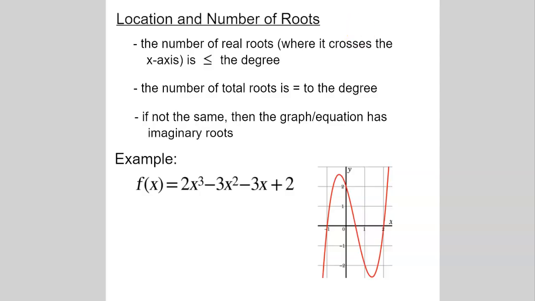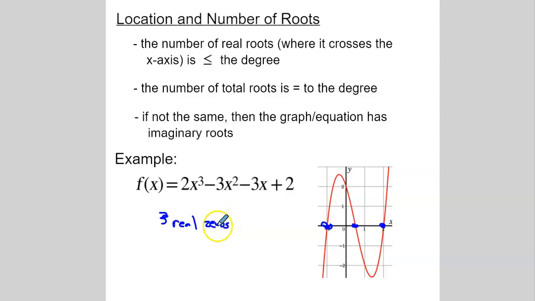So when you're looking at a graph, the easiest way to find your real roots is simply to count the number of times it crosses your x-axis. So when I look at my graph here, there are 3 places it crosses the x-axis. So I would say 3 real roots, or real zeros, either one.